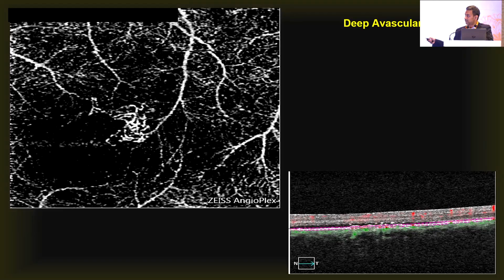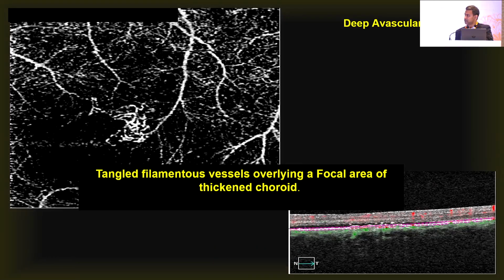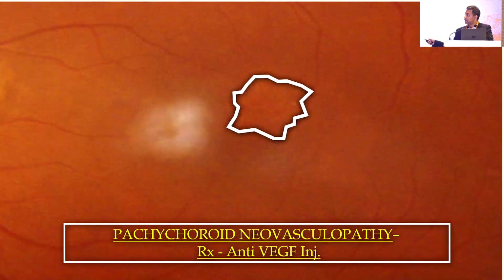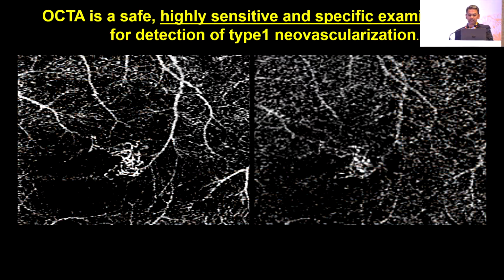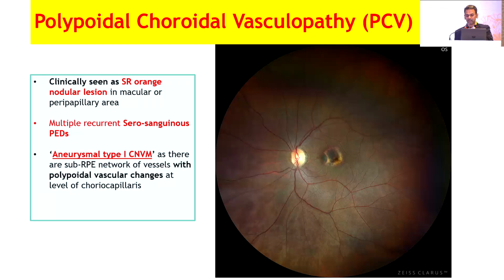When you come to the avascular retina, you find this filamentous tangle network, which overlies the flat irregular PED on the fundus, and OCTA is very sensitive in picking up this network, because fluorescein and ICG angiography can miss this subtle neovascularization in the setting of a pachyneovasculopathy.